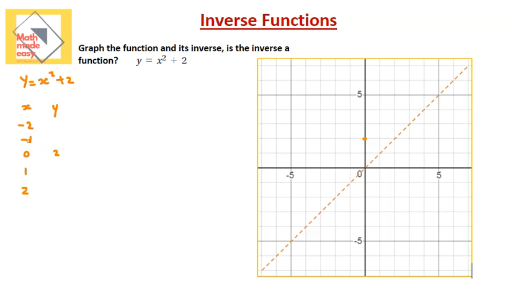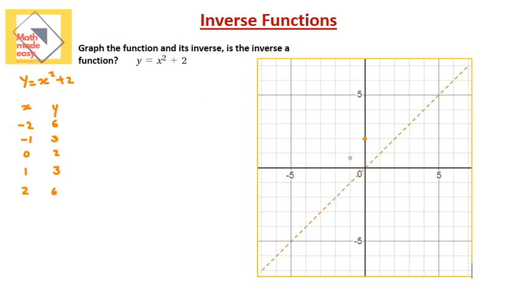So if I have -1 for x, -1 squared is 1 plus 2, y will be equal to 3. If I have -2 as a value of x, -2 squared is equal to 4 plus 2 is 6. If I have a value of 1, 1 squared is 1 plus 2 is 3, and 2 squared is 4 plus 2 is 6.